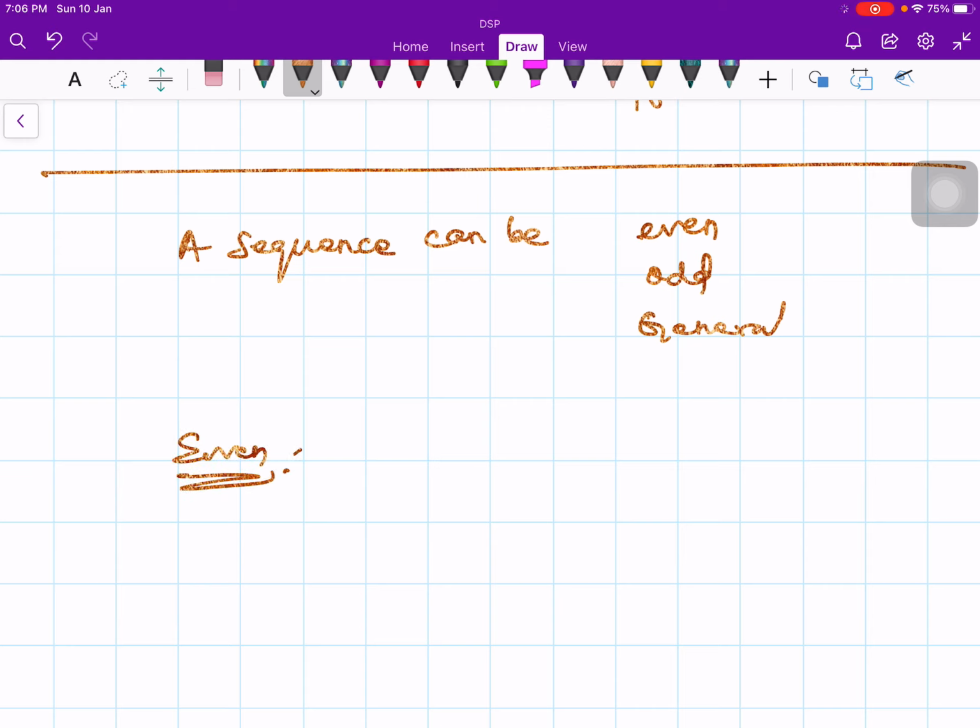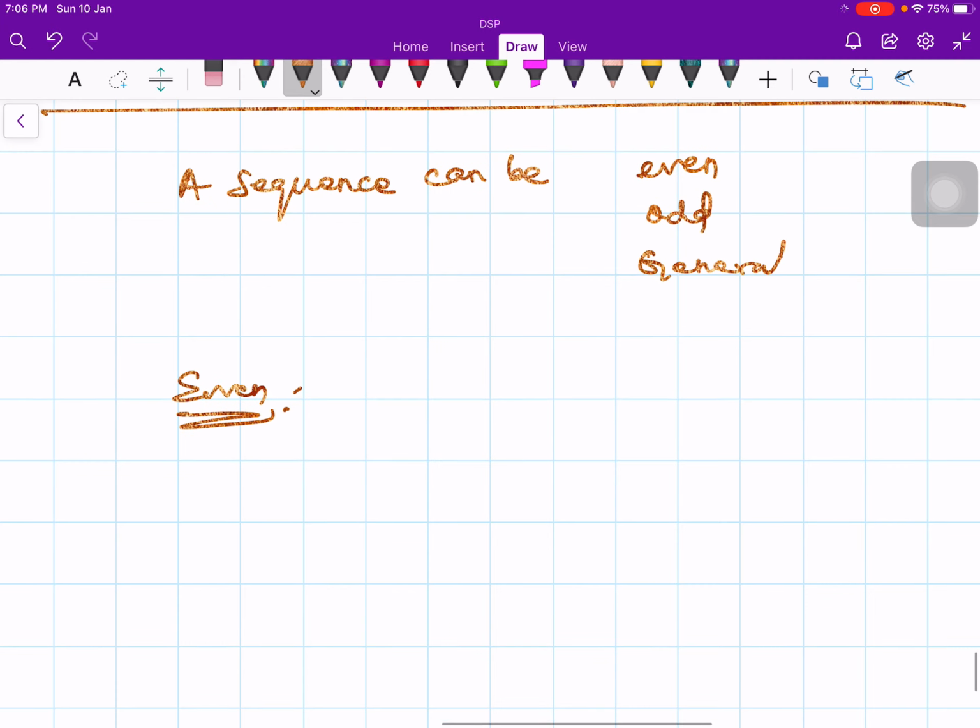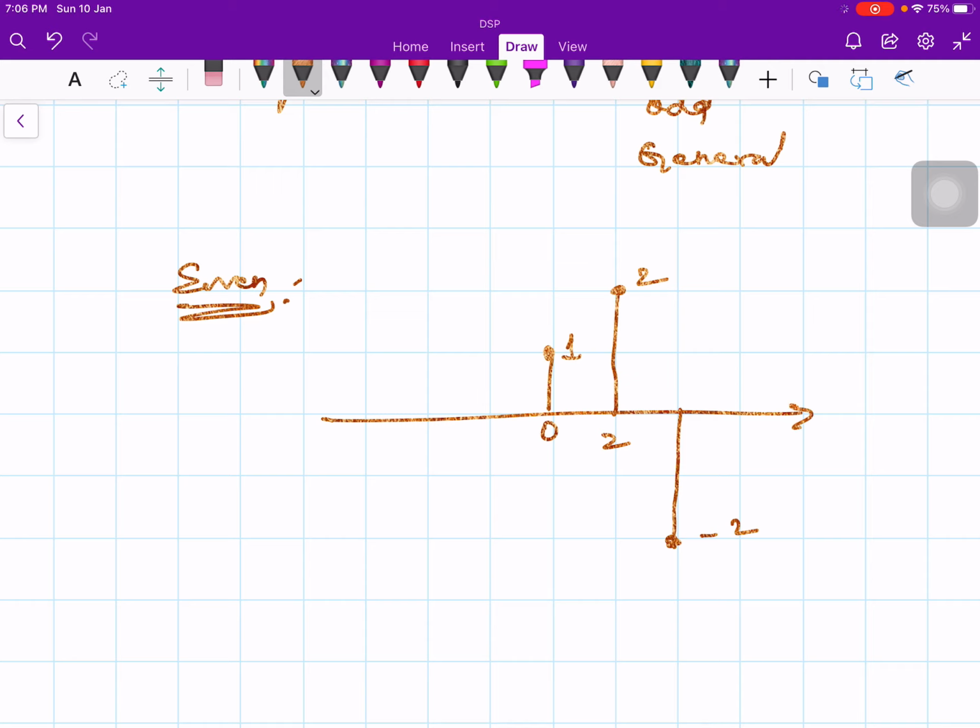Okay, let us talk about even signal. So an even sequence is the one whose left side is the mirror image of the right side. For example, you consider the value at n equals 0, its value is 1, and at 2, its value is 2, and at 3, its value is minus 2. Okay, this is n.